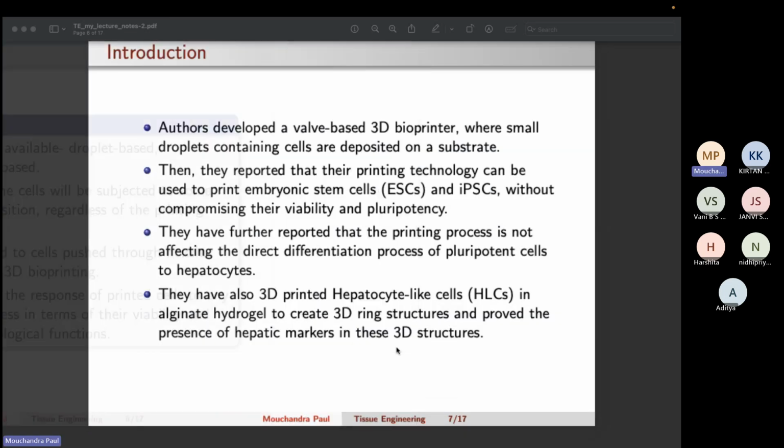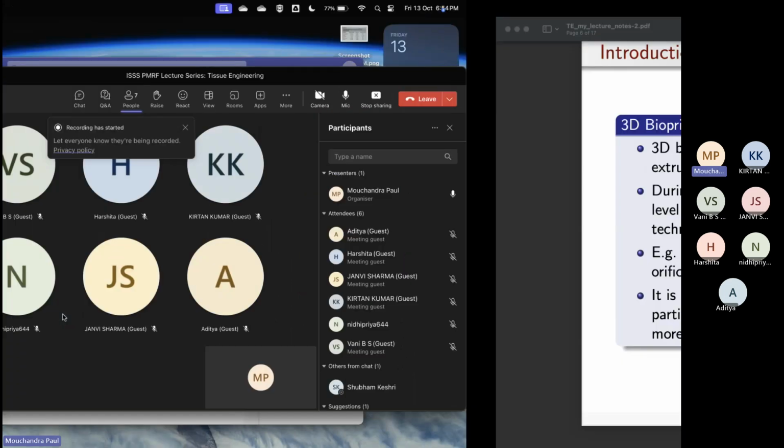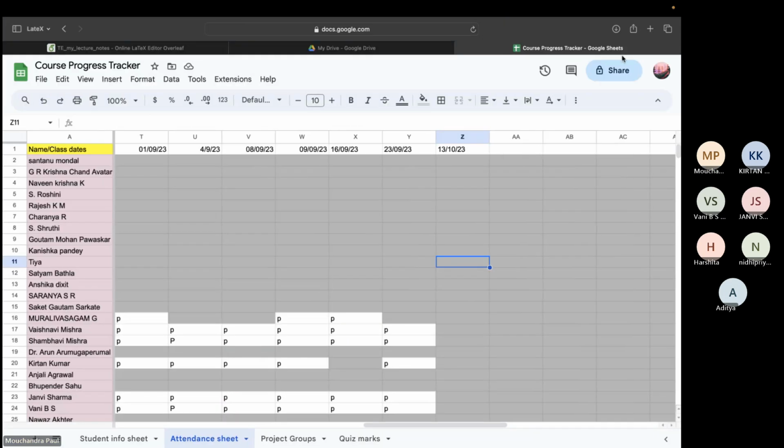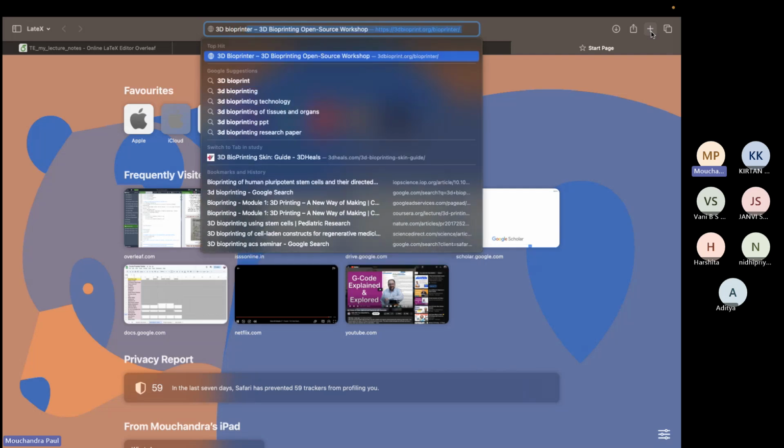So, let me show you a picture of a 3D bioprinter, I have not shown one, no? So let me show you that, so that it will be much more clear.